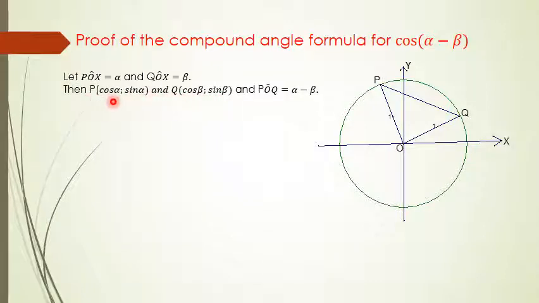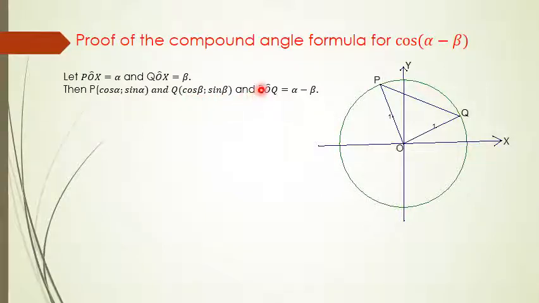Then, as we indicated on the previous slide, the coordinates of P can be written as (cos alpha, sin alpha), since the circle here has radius 1 unit, r is 1. Similarly, the coordinates of Q can be written as (cos beta, sin beta).